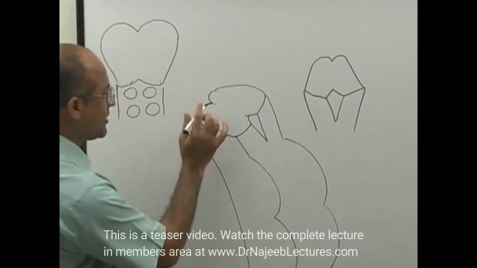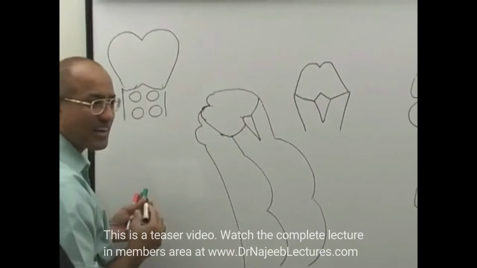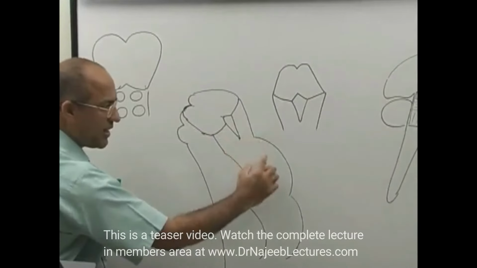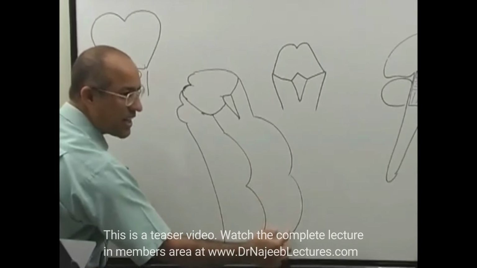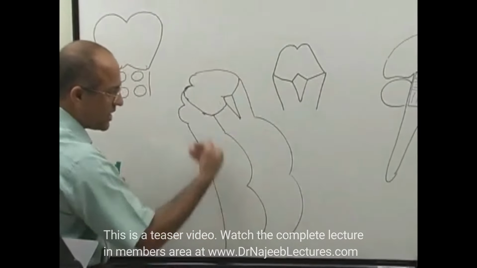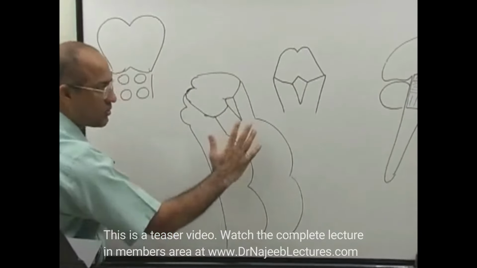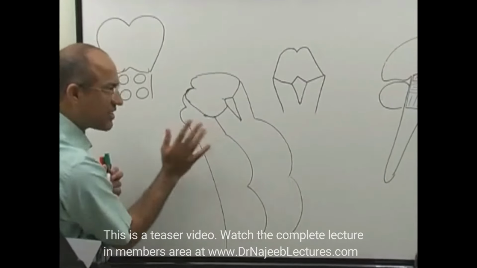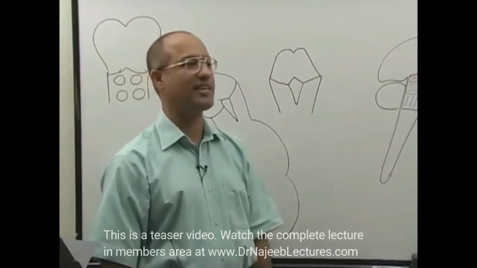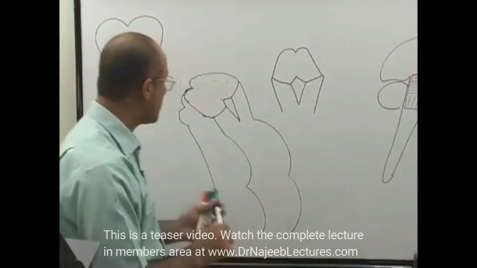Can you see it now? What is the structure? Can you recognize it? Midbrain, pons, medulla. This is the frontal view and this is the side view. In this diagram we can see from the front and from the right side, as if I'm standing like this and you're looking at my brainstem.